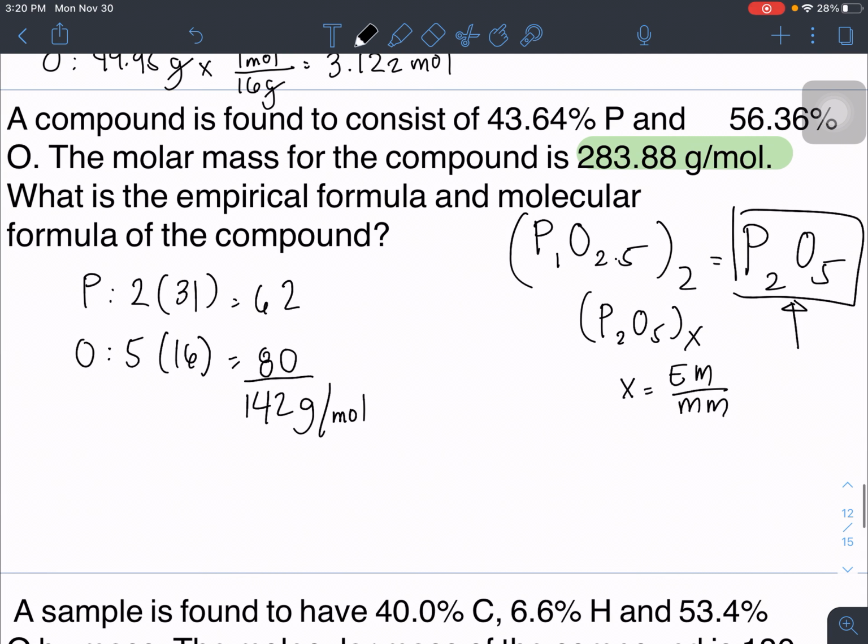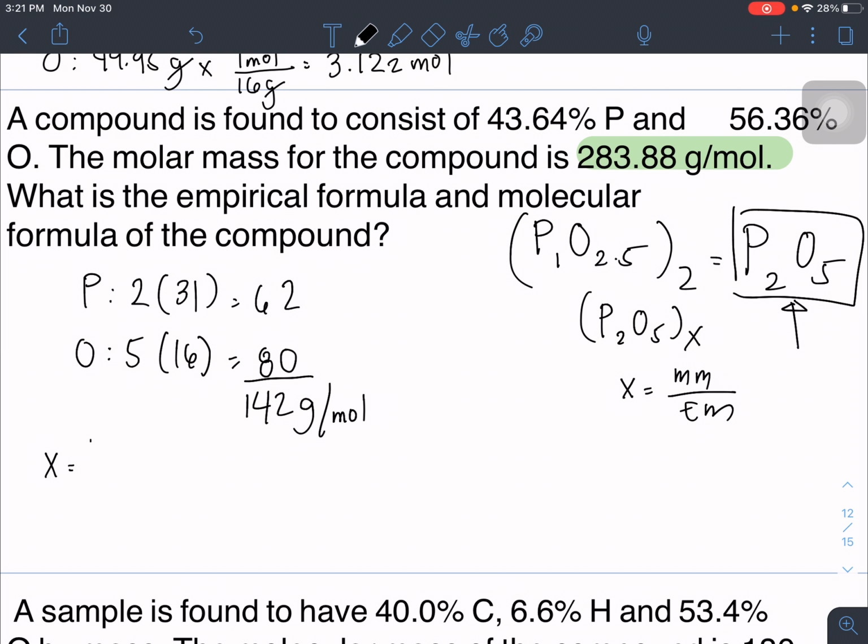Okay, so this is 283.88 grams per mole. So this will be, I'm sorry, this should be molar mass over empirical mass.